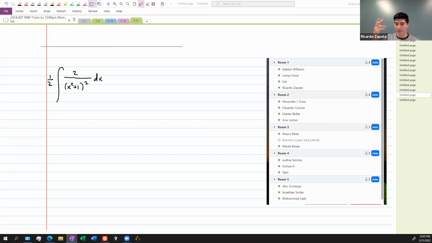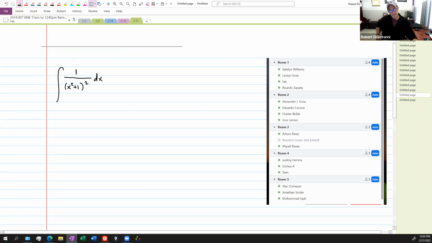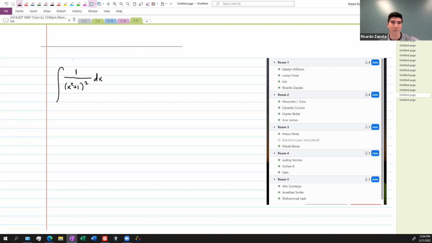So what I did was I took the 2 out and it became 2/2, so that was the 1. And we just had a 1 on top. Then I was like, oh, that's a simple u sub. And it ended up being 1/2 du equals x dx, and I didn't see the x. So that's when I stopped and realized I was wrong. Yeah, you can't do a basic u sub here because if you use the substitution x squared plus 1, you need a 2x somewhere.